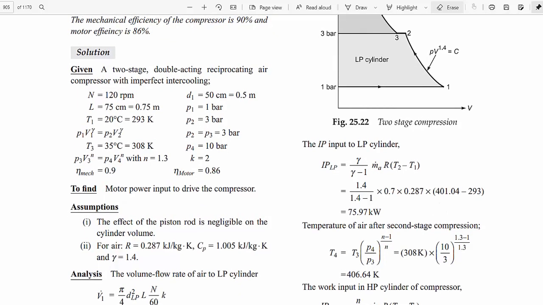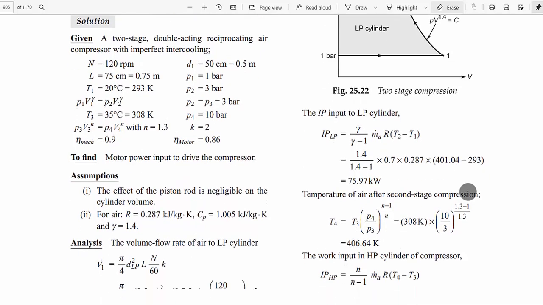Then the temperature after second stage compression, which means T4, is also unknown. Here the process is polytropic, the polytropic index n is given. Same concept: T4 by T3 equal to (P4 by P3) power (n minus 1) by n. Both processes are polytropic, but the first process they directly gave as adiabatic, therefore gamma and n are different, and the stages are different. First one is LP and second one is HP.